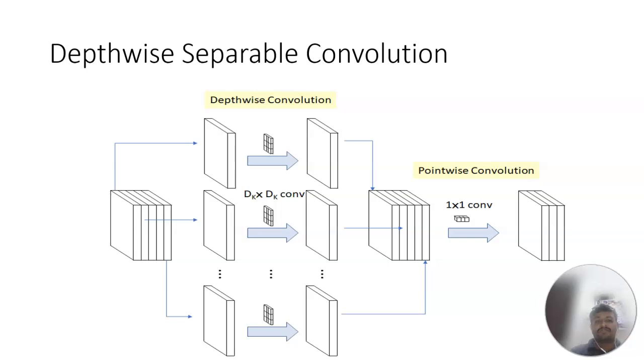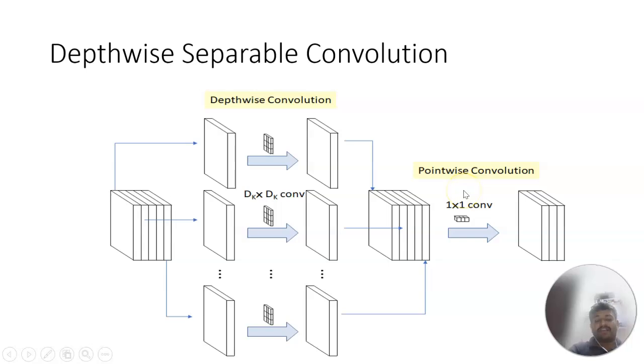This is how the depth-wise separable convolution works. The input is divided into dk parts, and the dk dimensional parts in the depth-wise convolution are convolved with the same number of layers, that is the same number of kernels. Then we get the output like this.